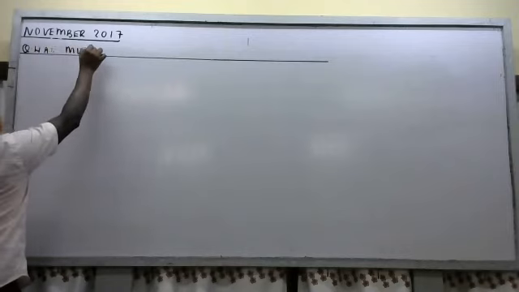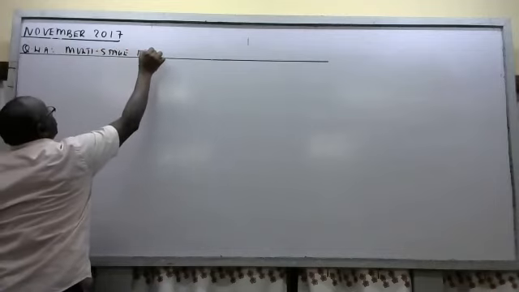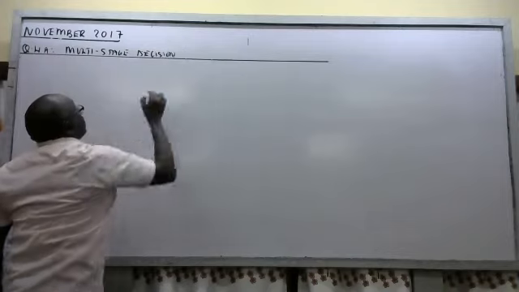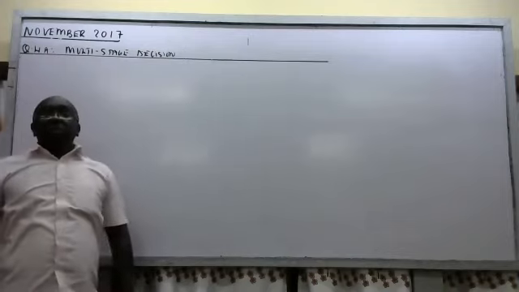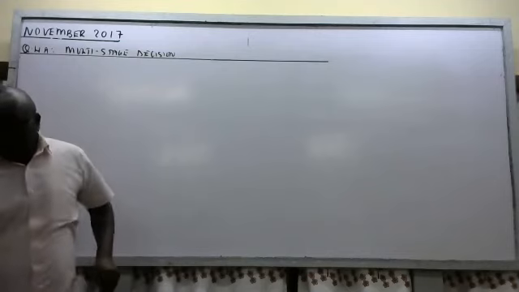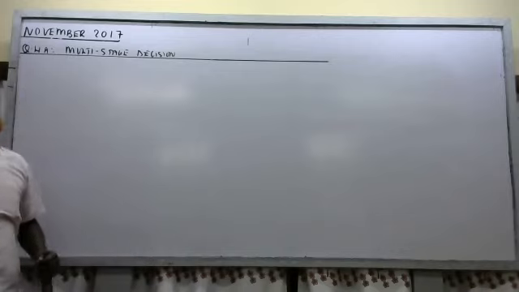Question 4A is on what we call multi-stage divisions. And in dealing with multi-stage, you know very well, we come up with a sketch first. And this one is very direct. There are two prices, and each one has three possibilities.